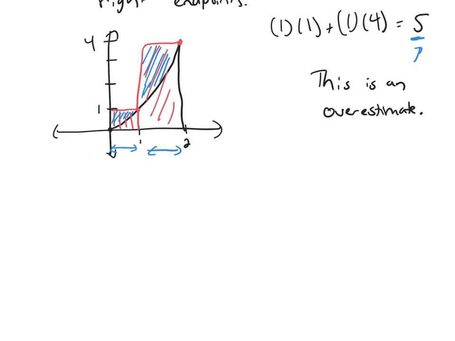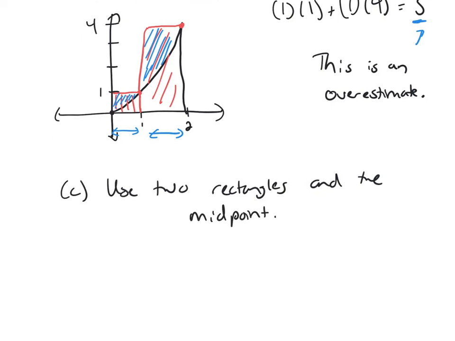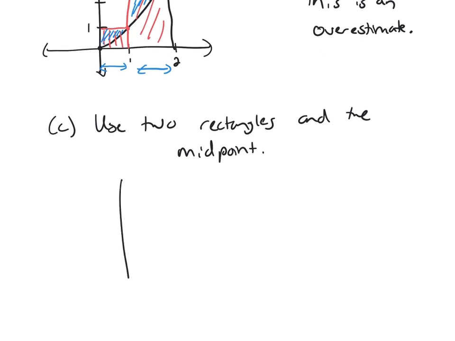So our third option for the height of the rectangles is to use midpoints. So let's use 2 rectangles now and the midpoint. So again, I'm going to draw my picture of my graph so that I can visualize these rectangles. 1 and 1, 2, 4.